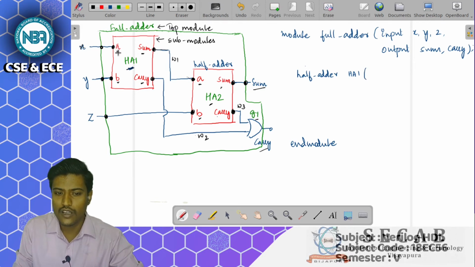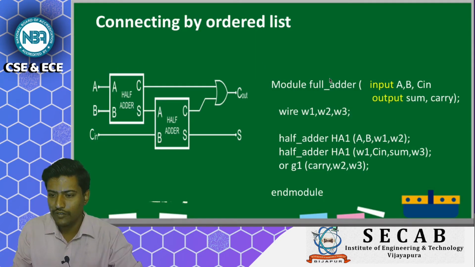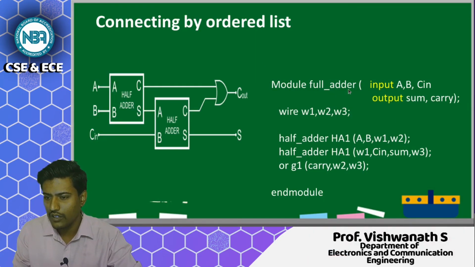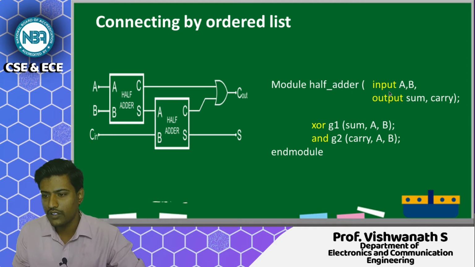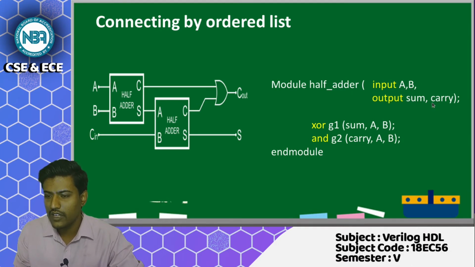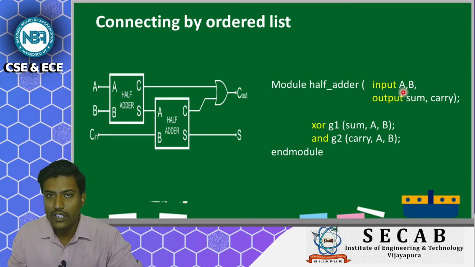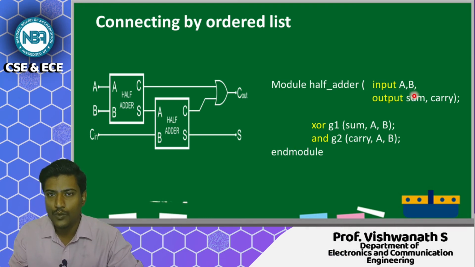For the half adder, we have taken A, B, sum, carry. This is the order we are maintaining: first is port A, second is port B, third is sum, and fourth is carry.